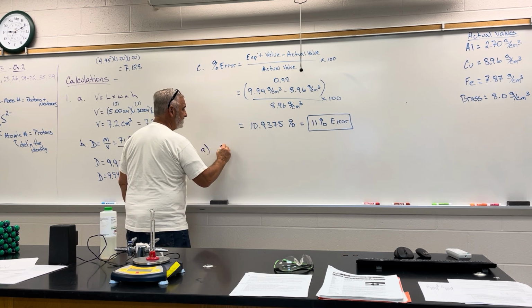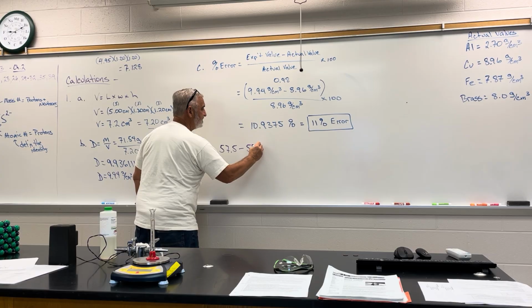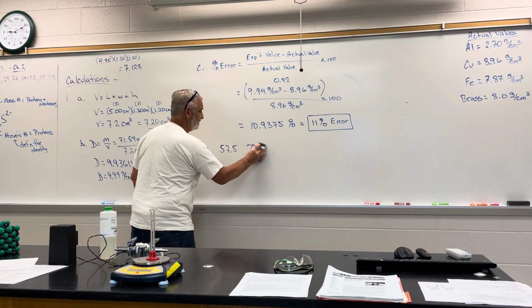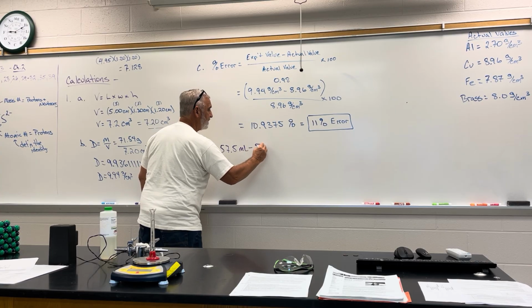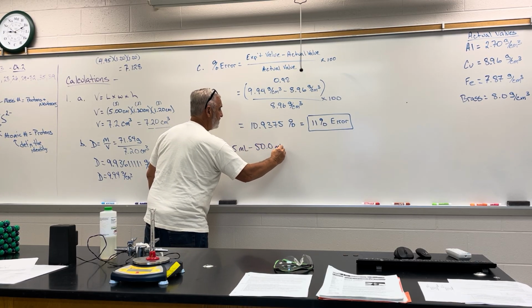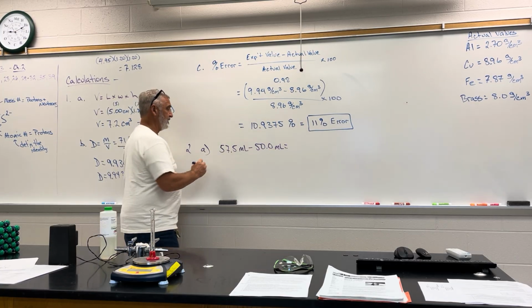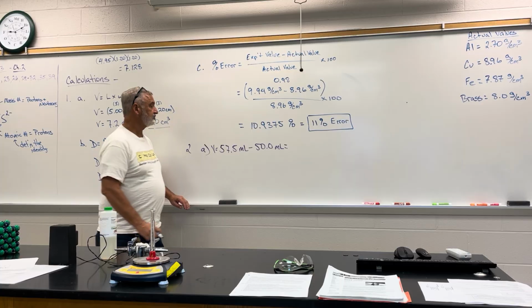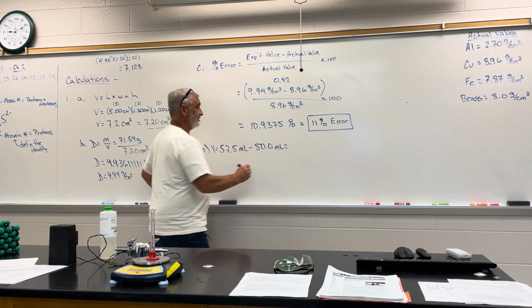You had 57.5 minus 50.0, but we're going to use units. You can say milliliters or cubic centimeters, but you don't want to mix them. If I use those values, what do I get? 7.5.